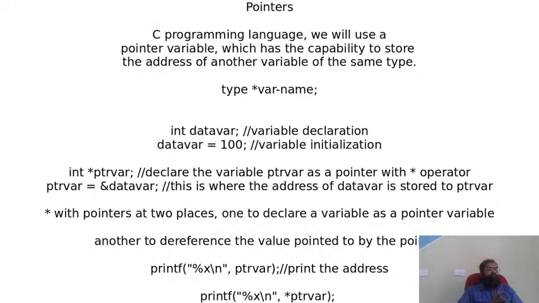Now, yeah. So we were looking at pointers, and for the last two classes we were learning about pointers, correct? And we have learned how to declare a pointer, how to assign the address of another variable to the pointer, the kinds of pointers, what a null value for a pointer is, and then we have also seen how we dereference a pointer.